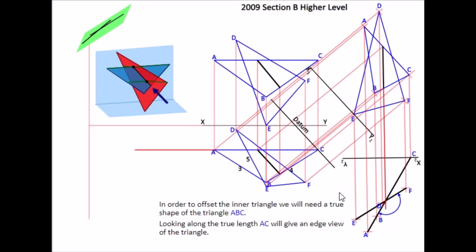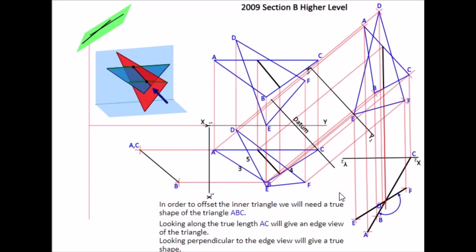Now in this question here, we're asked to find the true shape of the triangle ABC. Now the reason we need to find the true shape of the triangle ABC is what they want us to do in this question is to draw an offset triangle in 10 mils on the triangle ABC.